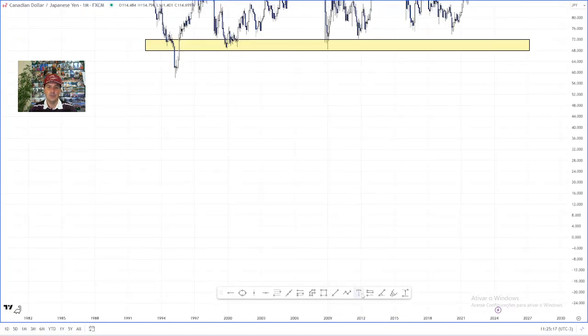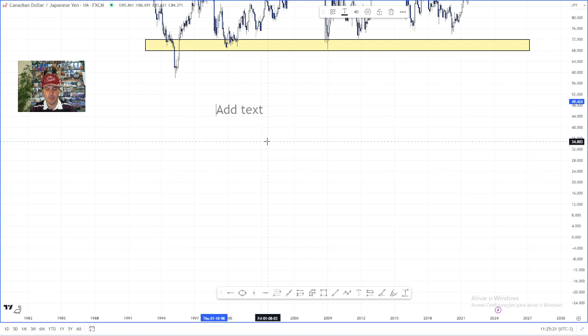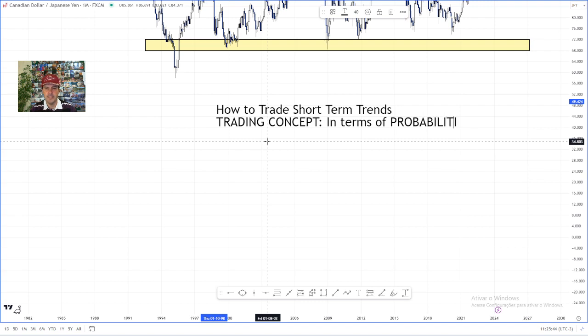So how to trade short-term trends. It's a trading concept, okay, in terms of probabilities.